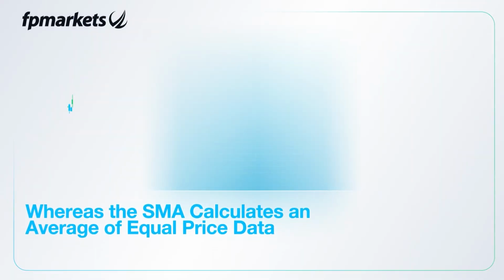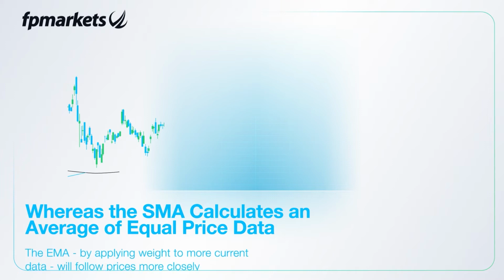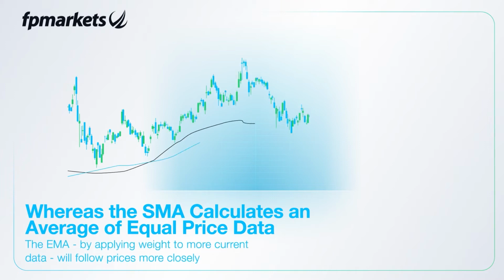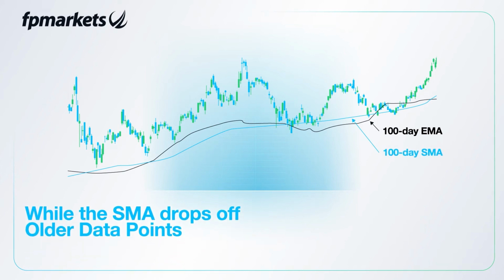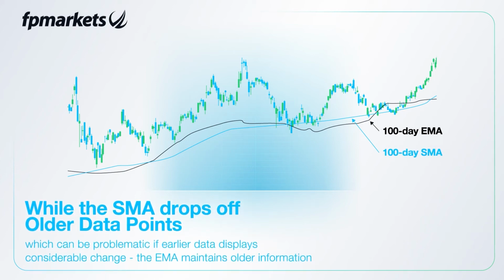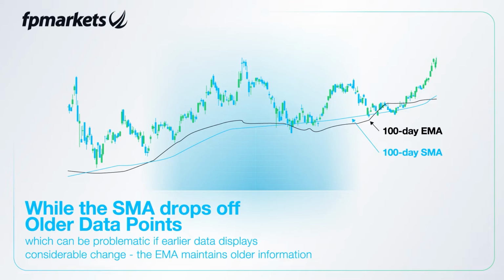Whereas the SMA calculates an average of equal price data, the EMA, by applying weight to more current data, will follow prices more closely. Another important point to bear in mind is while the SMA drops off older data points, which can be problematic if earlier data displays considerable change, the EMA maintains older information.